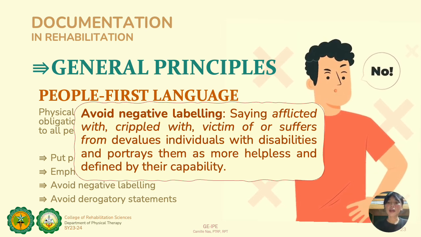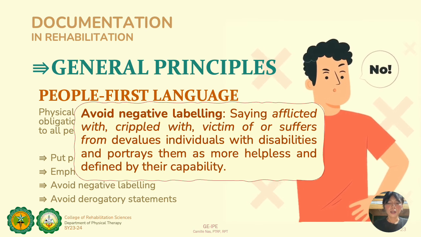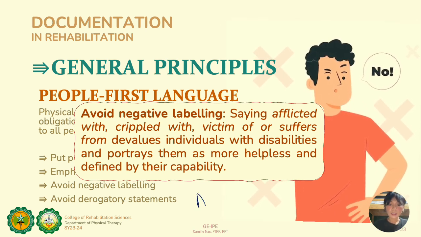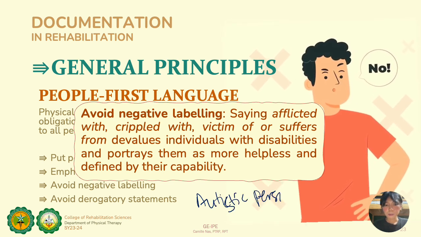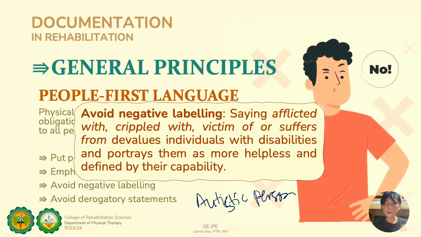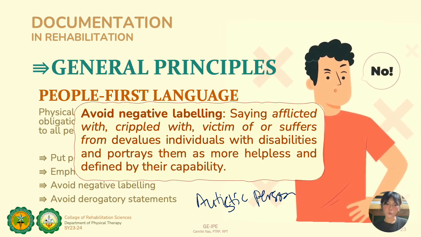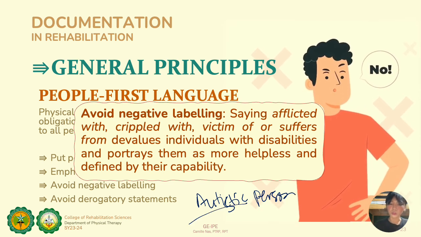So instead of that, ang sinusulat natin is, hindi siya, 'di ba, dapat yung iba, this is an example, autistic person. So, dapat unahin natin, kasi when you read this in this way, parang we emphasize more the disability, no? Nauna pa yung autistic, yung disability niya.